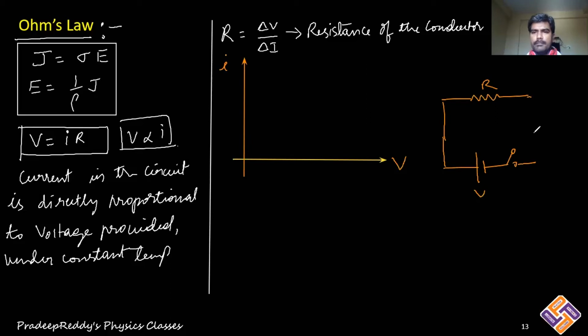This is the circuit. In order to measure voltage across this resistor, I will connect one voltmeter in parallel with the resistor, and in order to measure current in the circuit, I will connect one ammeter in series in the circuit. This is an electrical circuit setup in order to verify Ohm's law.